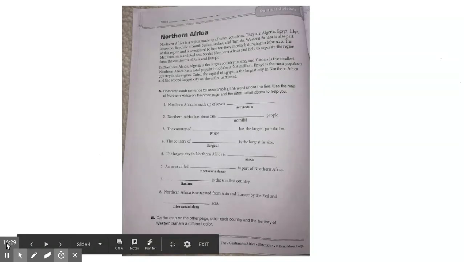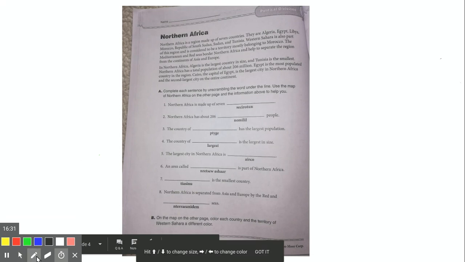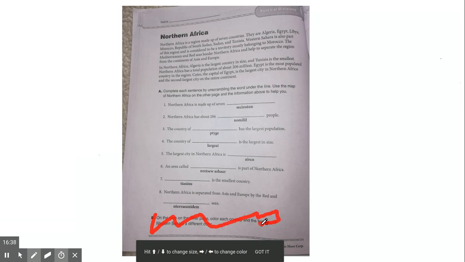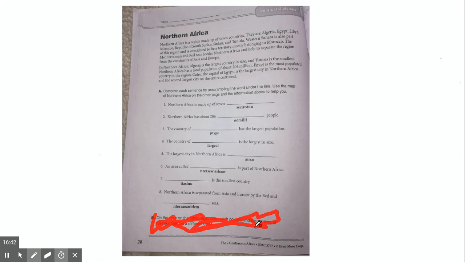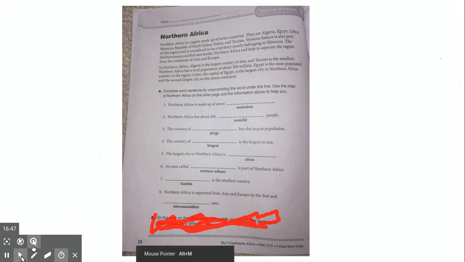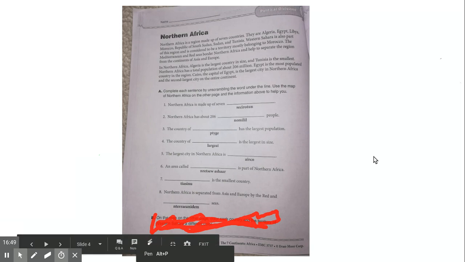I want you to mark out B. You are not doing that because it has no purpose for what I'm doing. Okay, so you're just doing A, you're doing 1 through 8.